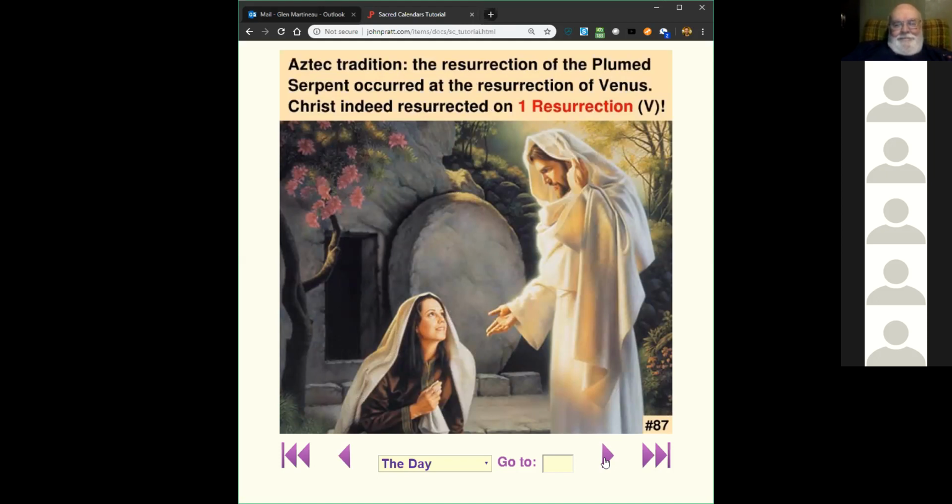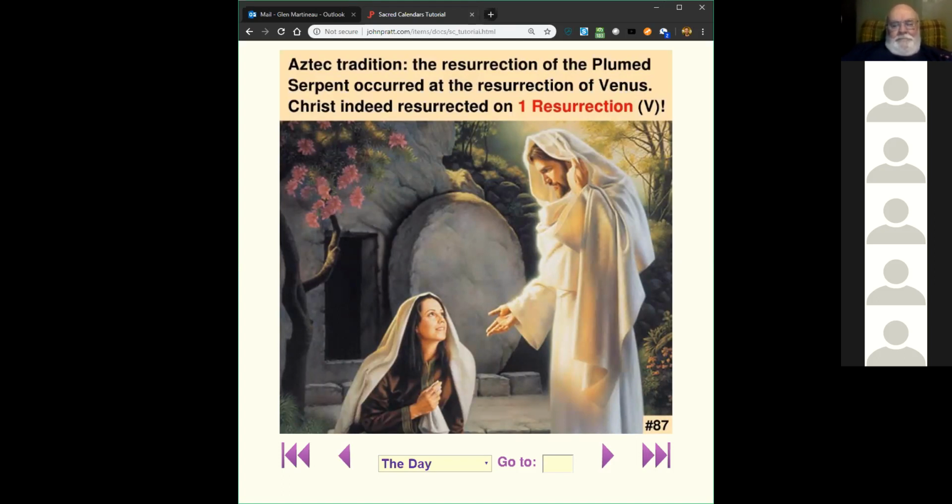I had tables of where Venus was on every day in history. And I just looked up in my book where Venus was on Sunday the 3rd of April in AD 33. It was a bright rising morning star, right at the time of the resurrection.